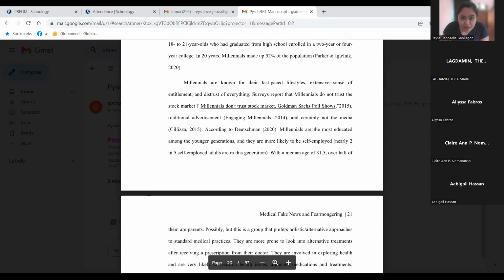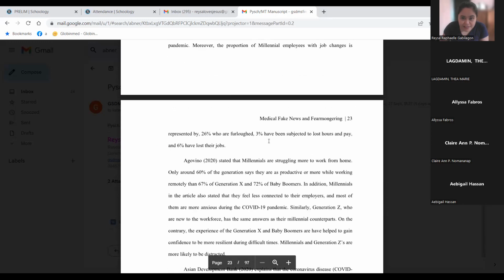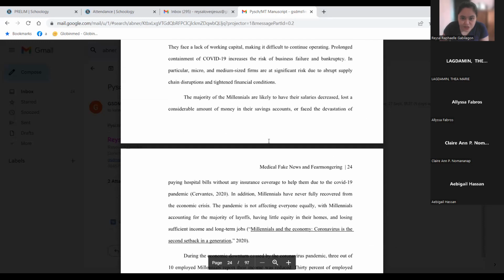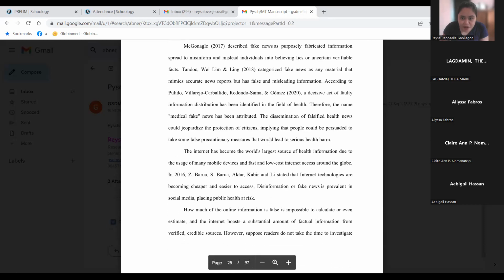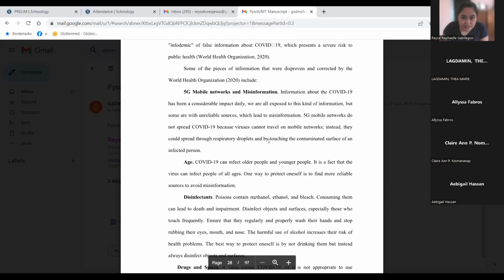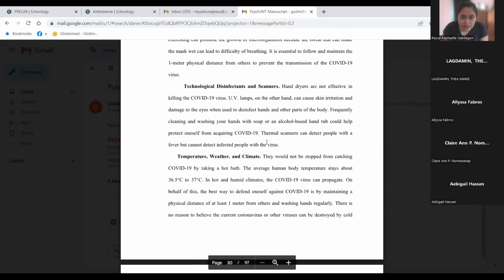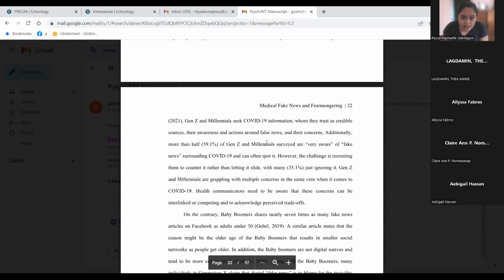As in, you need to read all of it. It's very long, but they really wrote this. All of the information they collected, they really wrote it.